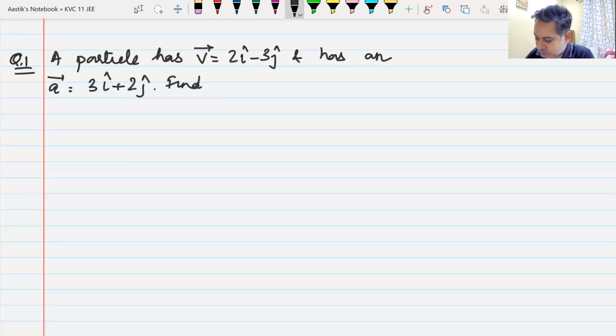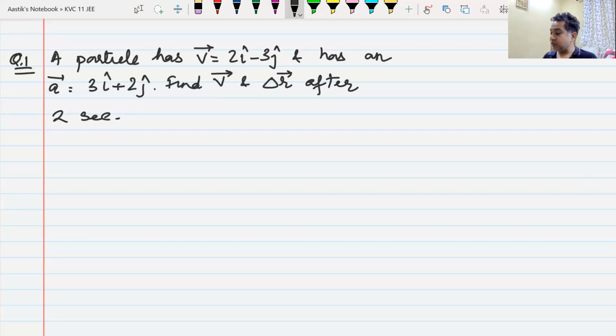Find the velocity and displacement after 2 seconds. After 2 seconds, what would be the velocity and what would be the displacement?